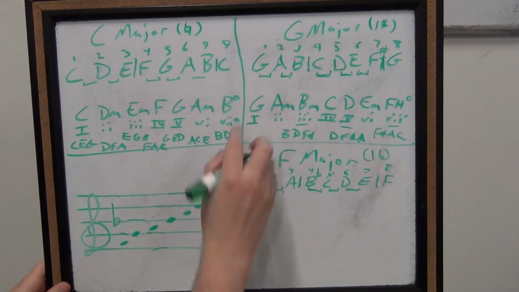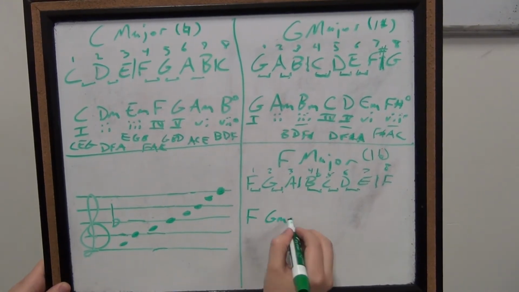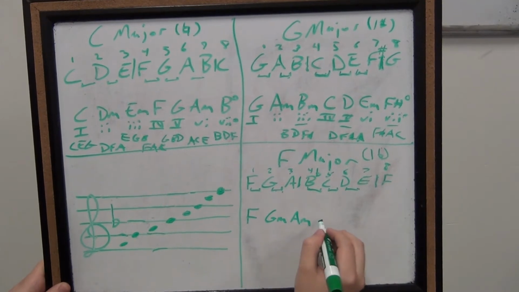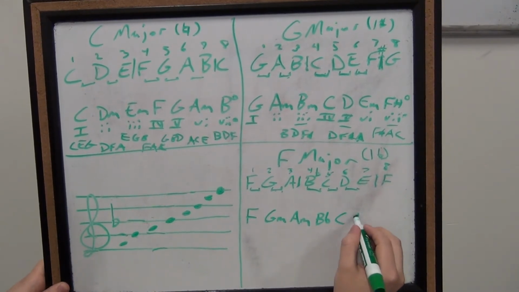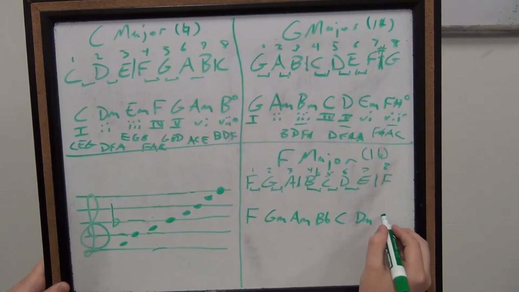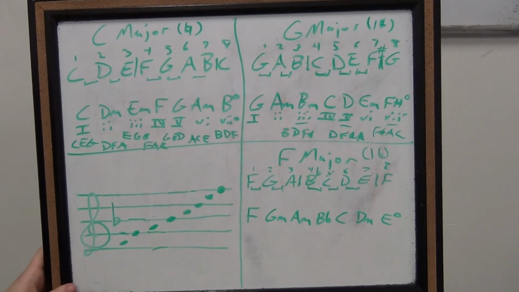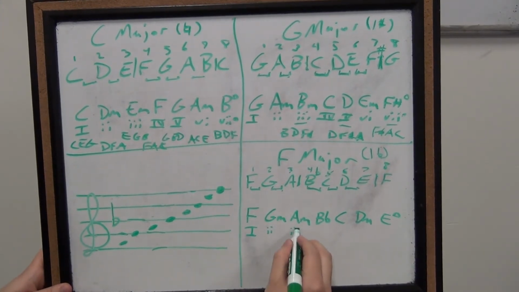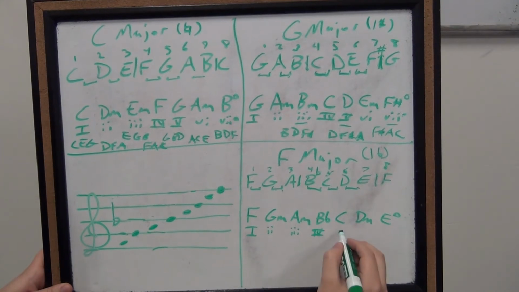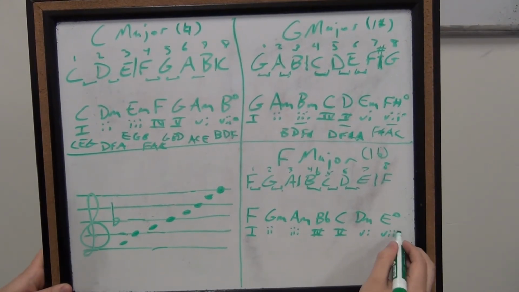So if we do the same pattern, 1 is major, F major, 2 is minor, G minor, 3 is minor, A minor, 4 is major, B flat major, 5 is major, C major, 6 is minor, D minor, and 7 is diminished, E diminished. Okay, same pattern, major 1, minor 2, minor 3, major 4, major 5, minor 6, diminished 7.